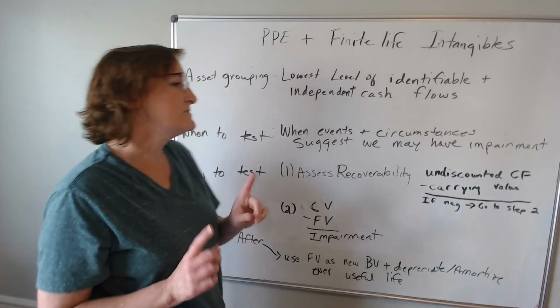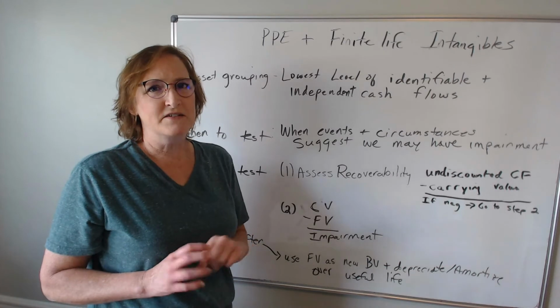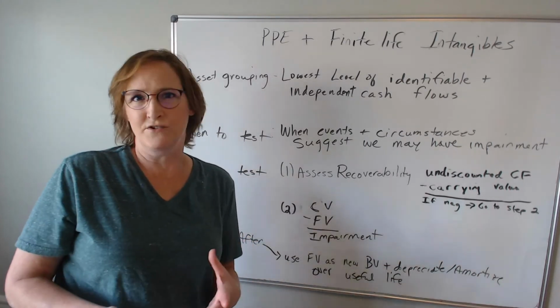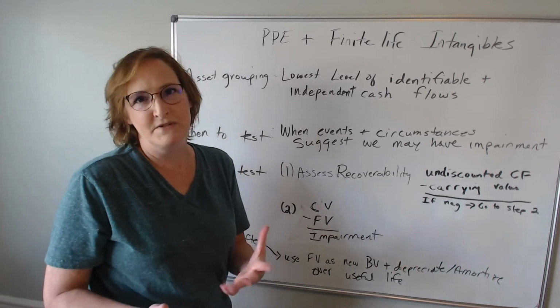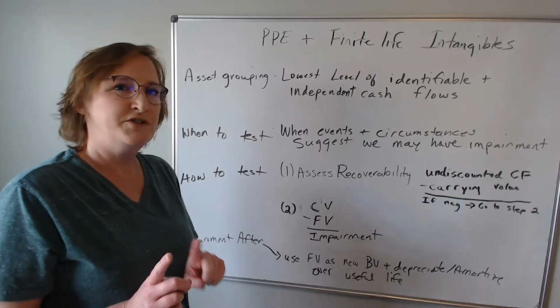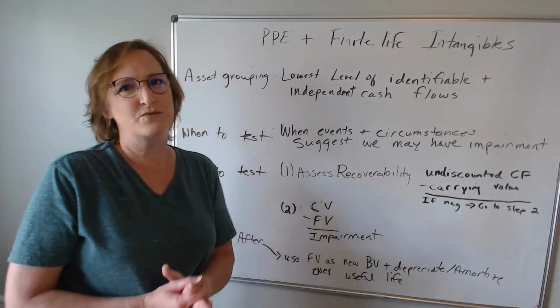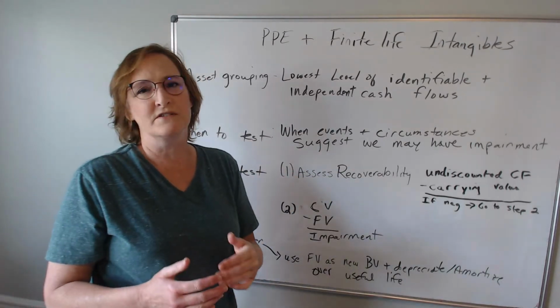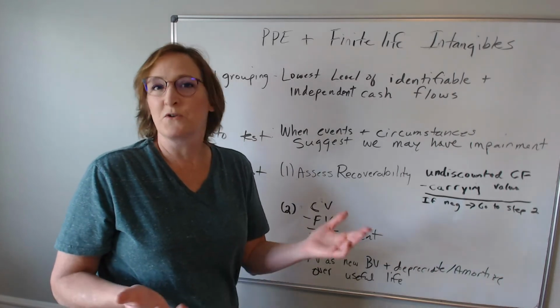Okay? Next thing is when to test. Basically, we don't test annually for this group. We don't expect to have impairments on a regular basis. When we do test, there's some events or some circumstances that suggest we might have an impairment. There's a list of them in your textbook, and there's a list of them in the codification.